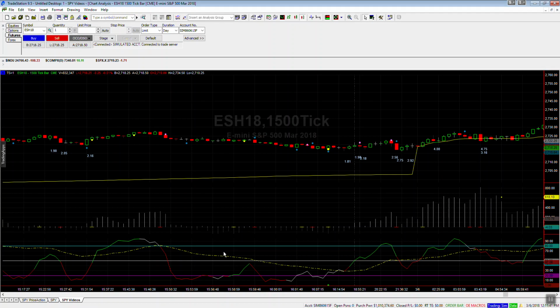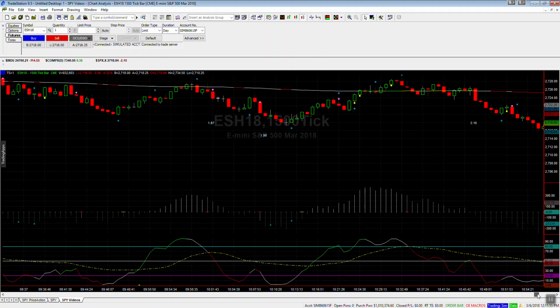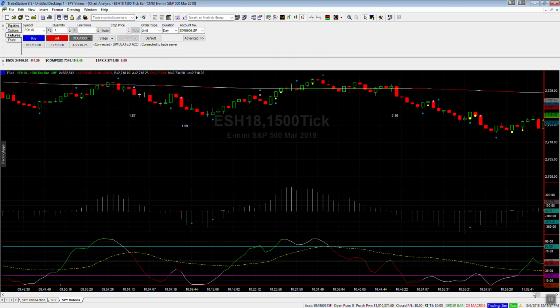So when price is sloping down, it's going to show signs of weakness, and when price is sloping up, it's going to show signs of strength, just like it's doing here, and price is starting to go up. Let me move the screen a little bit here. So the inflection line is accompanied by this tricolored momentum line.